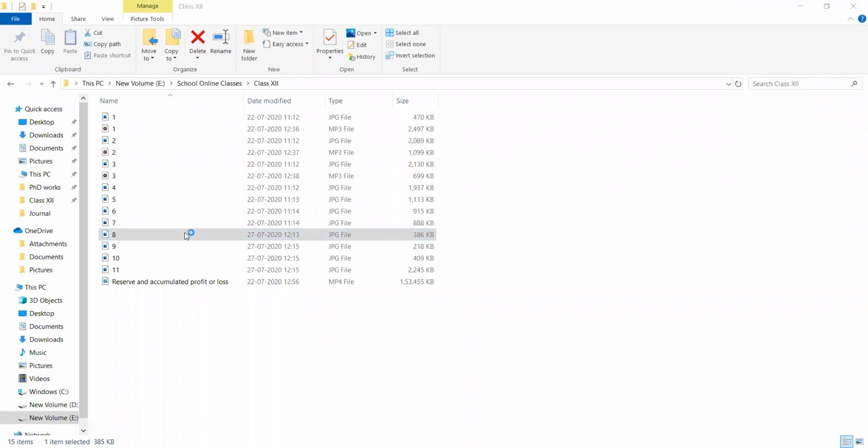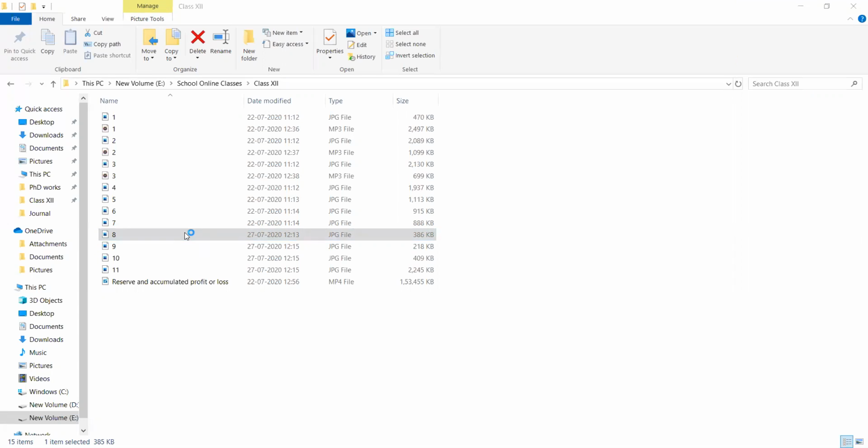Before I go to the solution, I will explain the basic journal entry once again. What is the basic journal entry for transferring reserves and accumulated profit? One part of that is also the workmen compensation reserve and investment fluctuation reserve. How are you going to treat it?